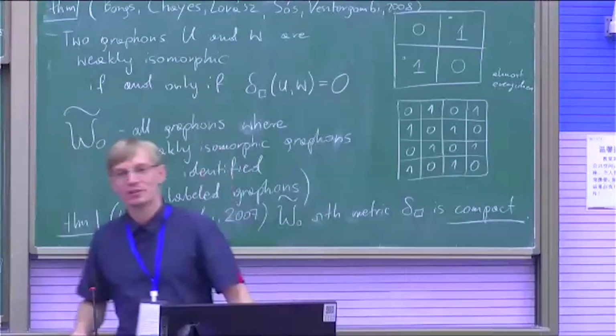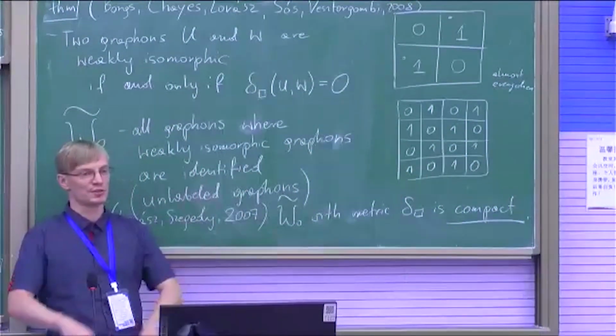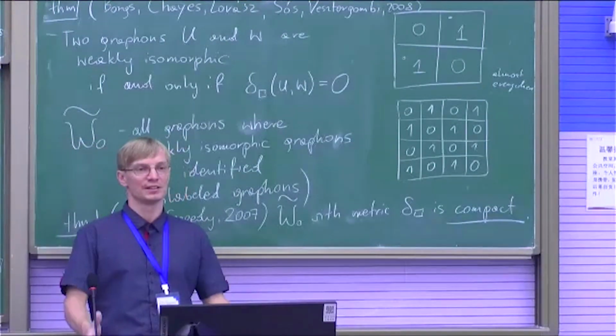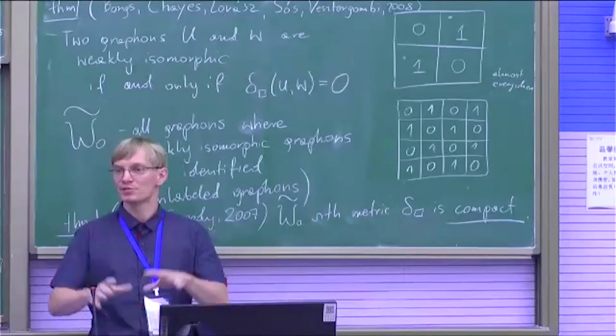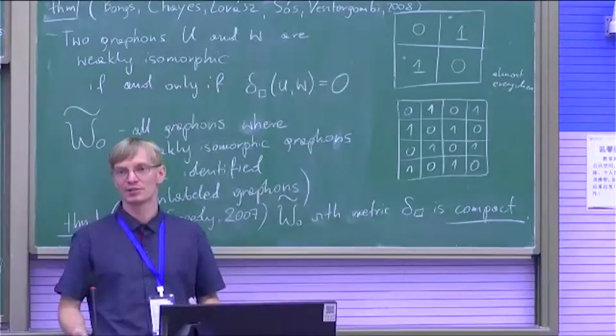What does it mean? It means that if I have a sequence of graphons, then it needs to contain a convergent subsequence. And so this space is really nice.